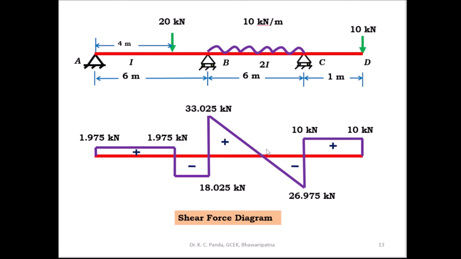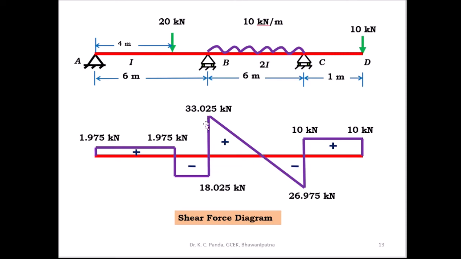On the span BC, here the shear force changes its sign. So at this position, you get the maximum bending moment. Here you have to find out this distance by taking the two similar triangles. So here the total length is 6. So let us take this length as x. So this length is equal to 6 minus x.